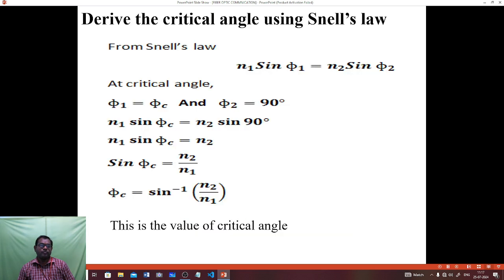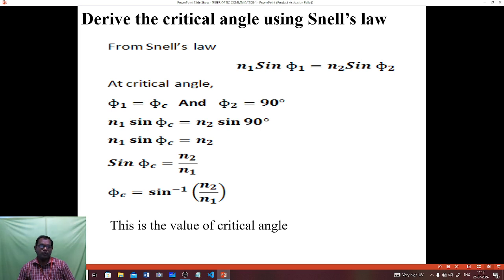Derive the critical angle using Snell's law. From Snell's law, n1 sine phi 1 equals n2 sine phi 2. This is Snell's law. At the critical angle, phi 1 is equal to phi c and phi 2 is equal to 90 degrees.